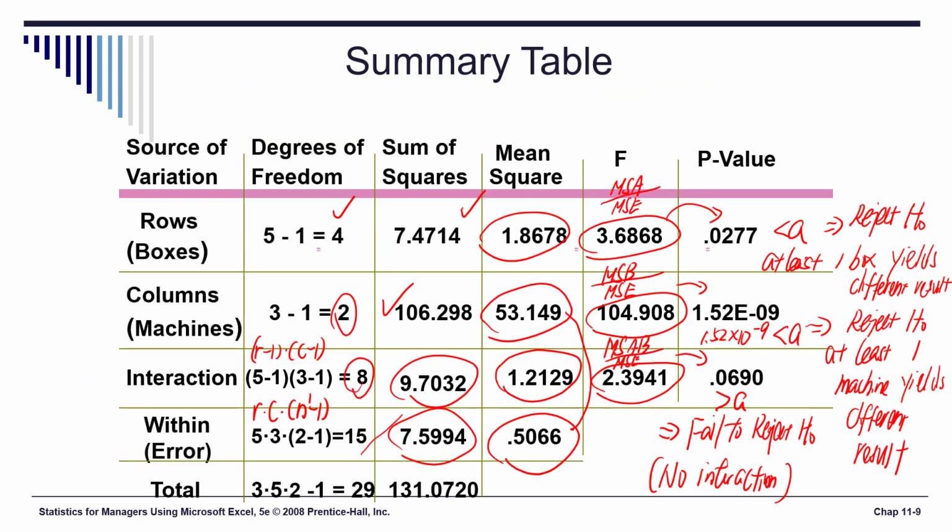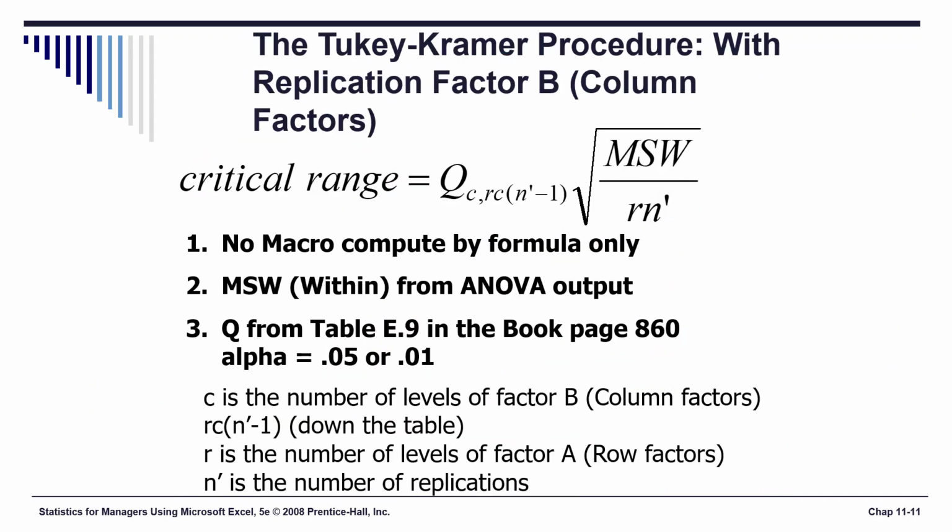And also, because of the ANOVA outputs here, there's at least one machine that yields different results, right? So that's a difference between the column factor as well. So we can also run the Tukey Kramer procedure on the column factor, factor B. So one more time, we need to look up the Q values from the Q table.